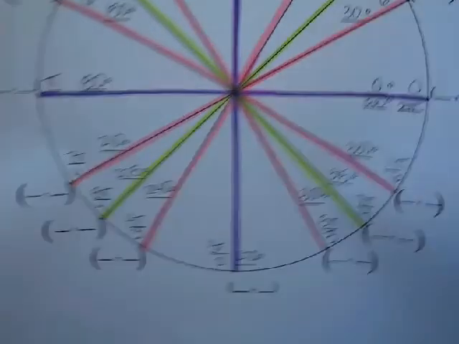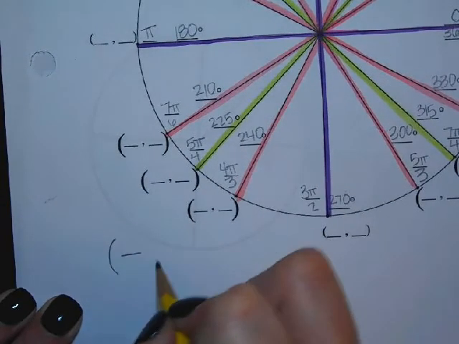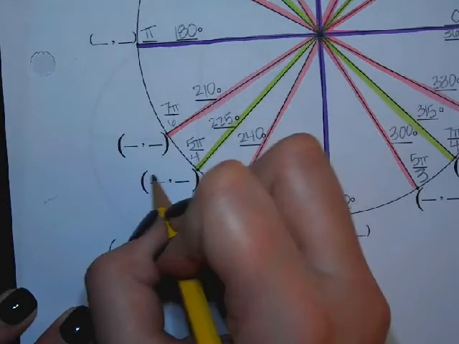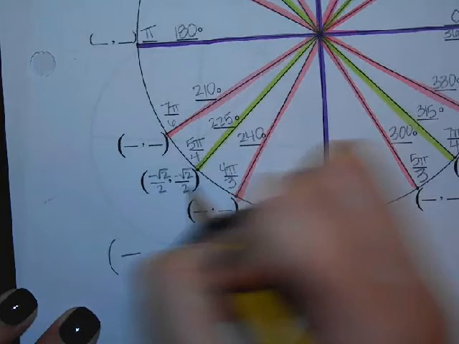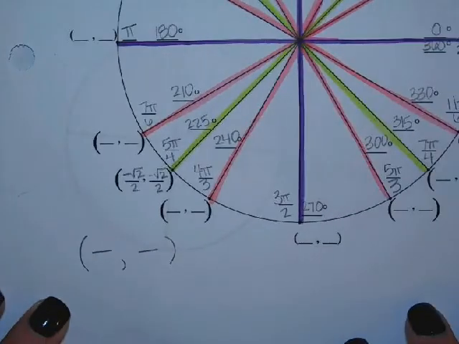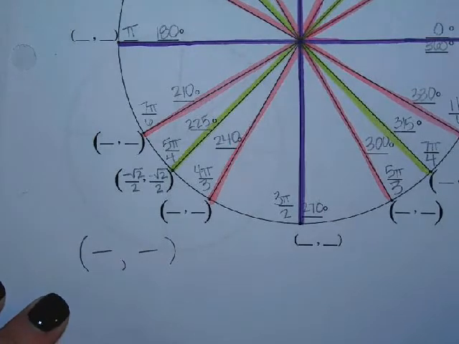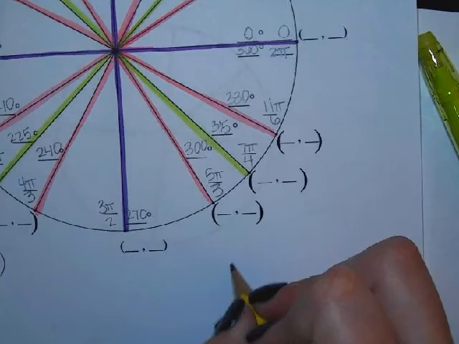You know the next one? So quadrant 3 is negative, negative. Yeah, it's like a graph. These are x and y coordinates, just like a coordinate plane. And then the fourth quadrant, positive, negative.